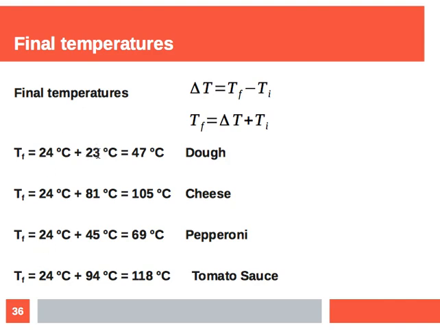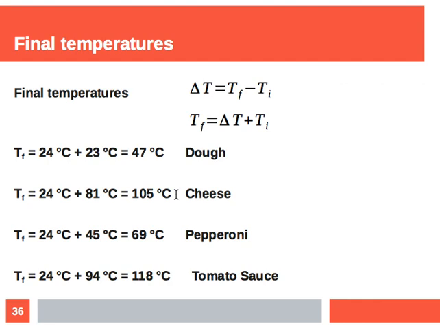add the change of temperature due to the oven, and we got 47 degrees Celsius on the dough, and the cheese and the tomato sauce were the highest. That means, guys, that when you eat pizza, you gotta be careful when it's a very hot pizza.